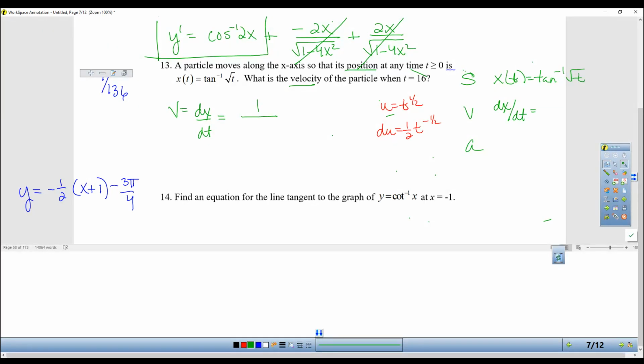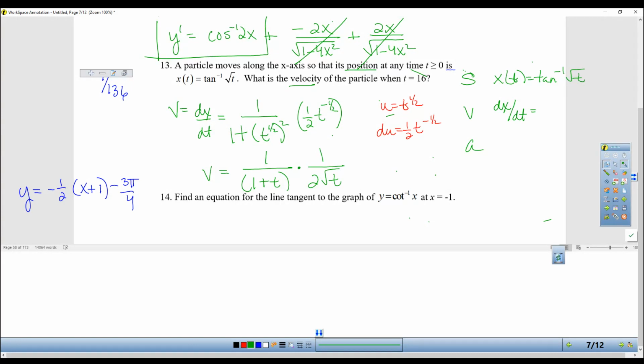So the derivative of tangent is 1 over 1 plus u squared times the derivative of u. So here's my u squared, and then the derivative of u. So velocity is, this becomes 1 plus t, and the 2 is on the bottom, and that square root of t is on the bottom.